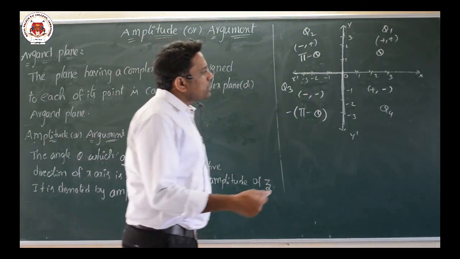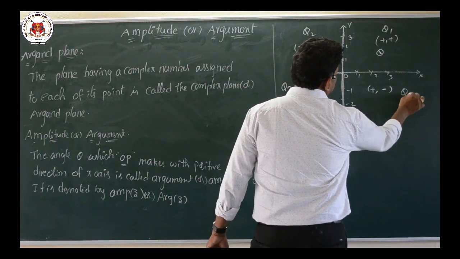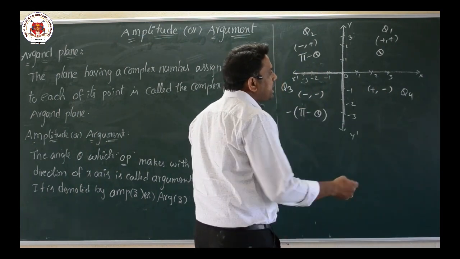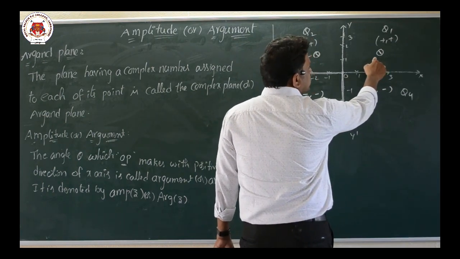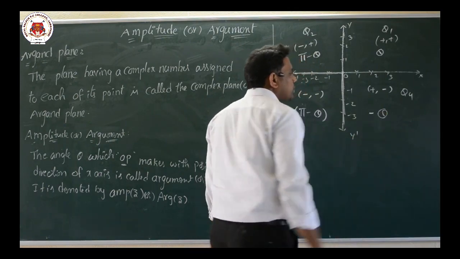If the complex number belongs to the fourth quadrant, then its argument is the same as the first quadrant, theta, but we have to put the negative sign.